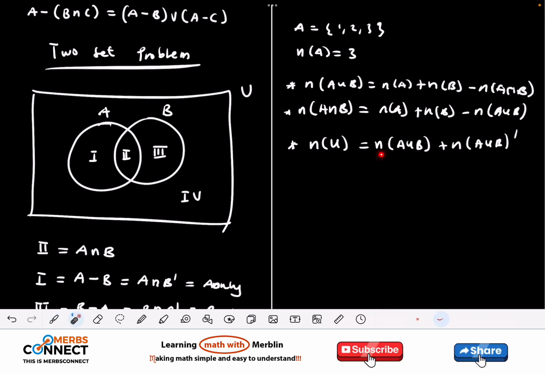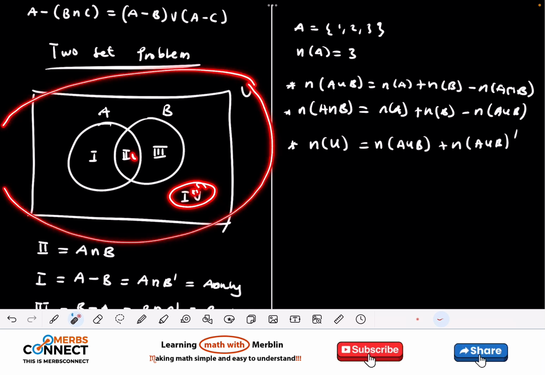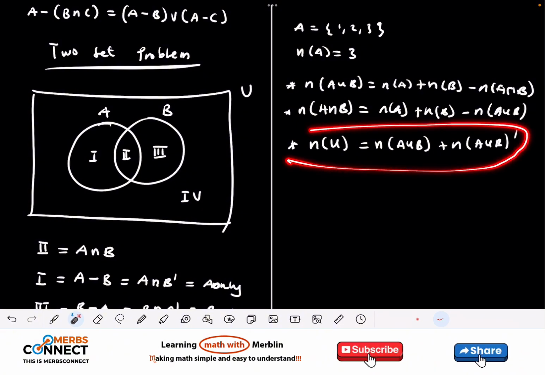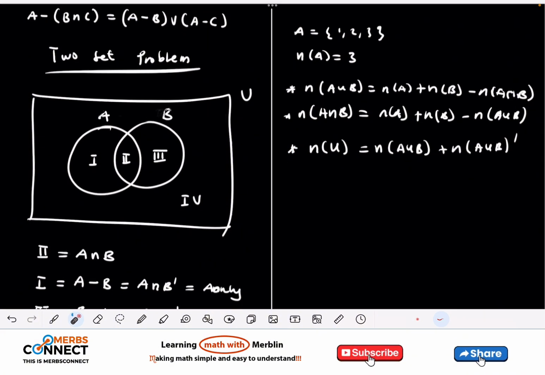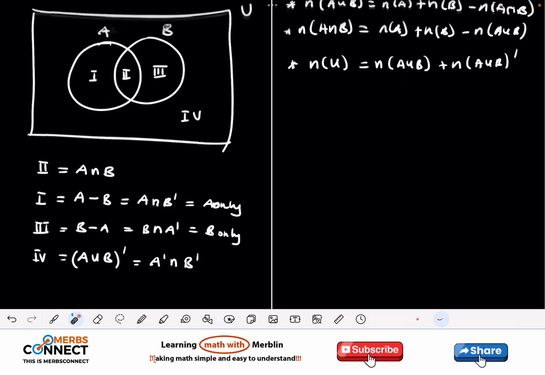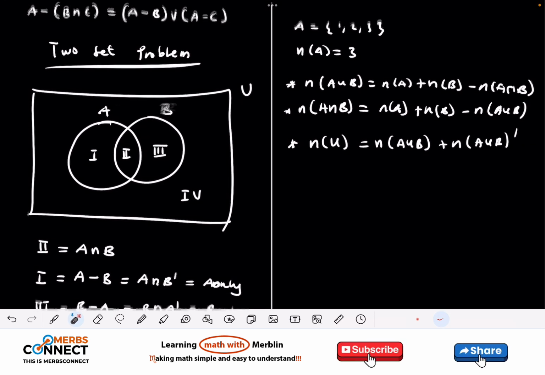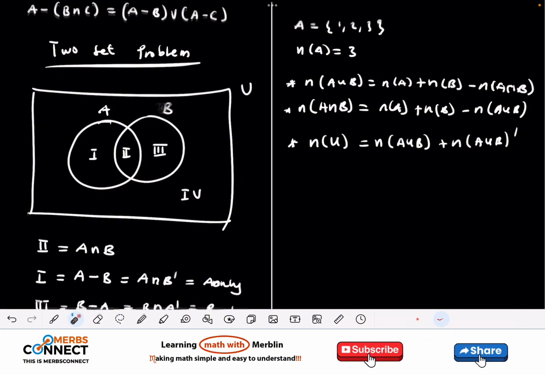We are talking about the number of A union B, which is the number of everything here, plus, let's assume we have an extra number which is outside. Then we need to add that number to this before we can get the number of the total set, right? So this is another equation that you also need to have in mind as far as two-set problems are concerned.